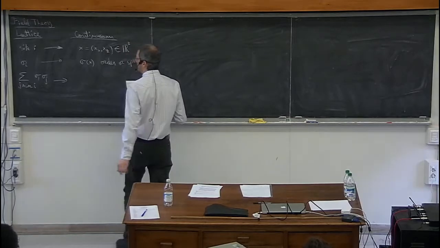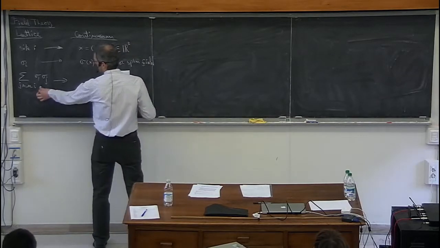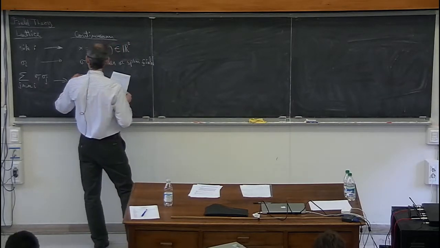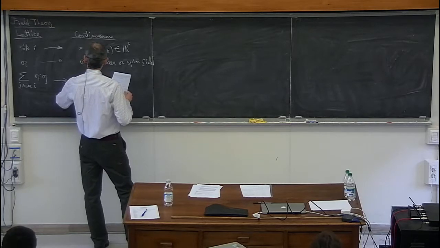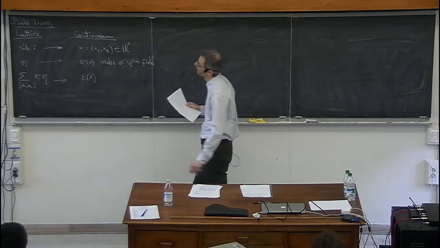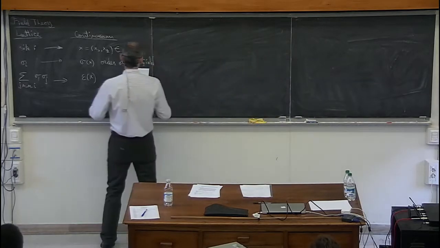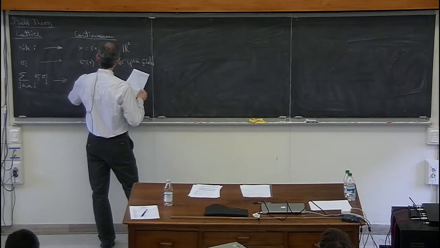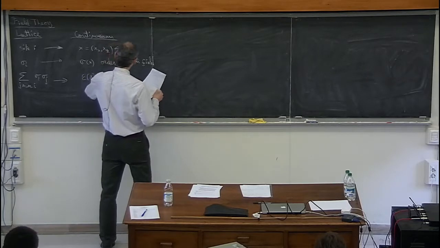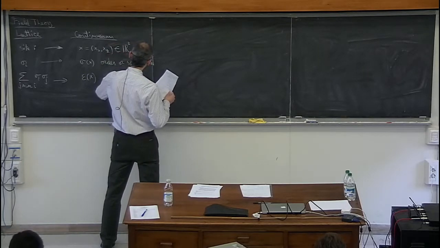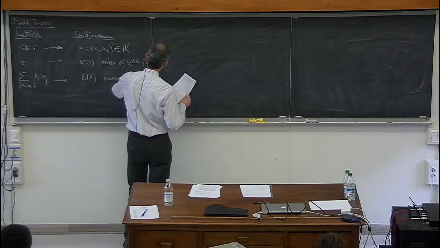In the continuum limit, this depends on site i, so it will become a field that we denote by epsilon of x and call, quite naturally, the energy density field.